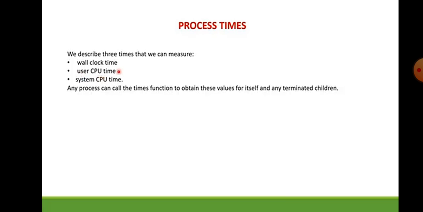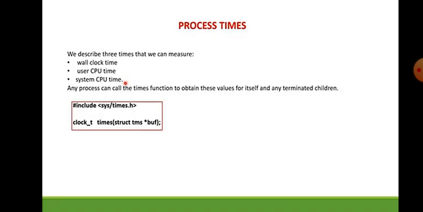So this is the time spent in the user mode, and this is the time spent in the kernel mode. Any process can call the times function to obtain these values for itself and any terminated children. So this is the function that provides this information.